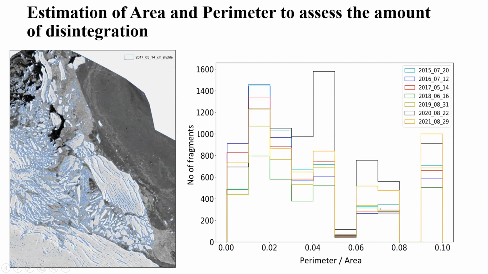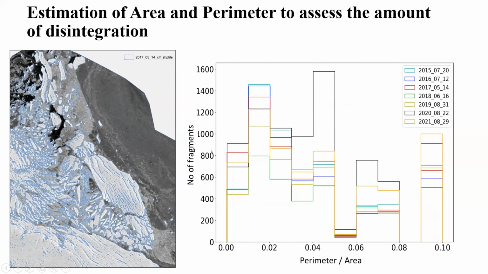This particular graph on the right side shows that we have done one ratio, perimeter by area. The corresponding colors correspond to these years. As we move on this x-axis from 0 to 0.10, this shows the size of the fragmentation.